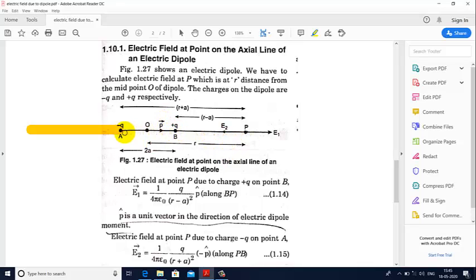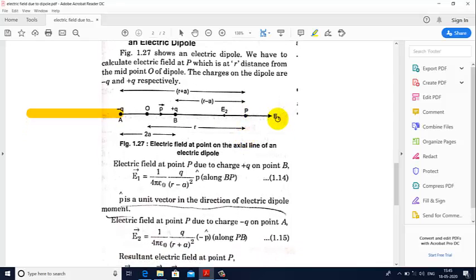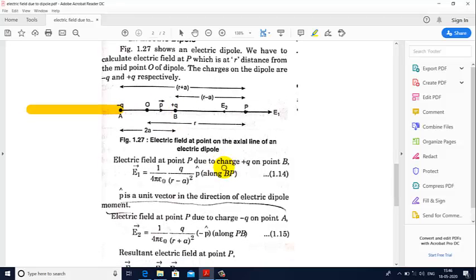Now there are two charges in the electric dipole, minus q and plus q, so there will be two electric fields at point P. The first electric field E1 will be due to charge minus q at A, and the second electric field E2 will be due to the charge plus q at point B. We will calculate both the values of E1 and E2, and to find the resultant electric field at P, we will add both the values. Is that clear?